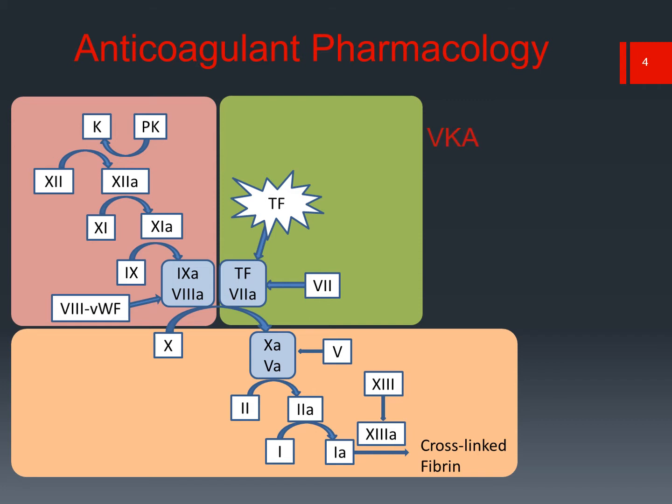We have vitamin K antagonist, that would be our warfarin, that is working at blocking the vitamin K epoxide reductase enzyme. That enzyme is required in the activation of vitamin K to its reduced form.